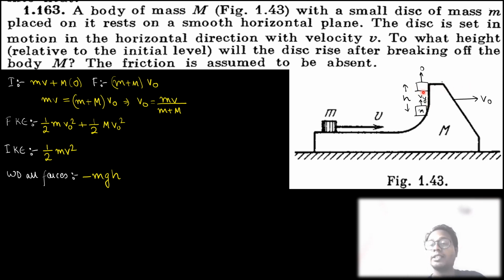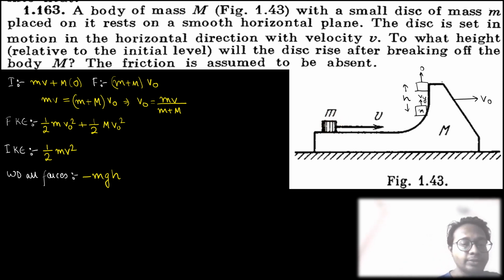So the normal force is an internal force in this entire system, and I'm applying the work energy theorem for the entire system. That's why the only force doing work out here is gravity. Also, the normal force is perpendicular to the displacement, so it wouldn't be doing any work.